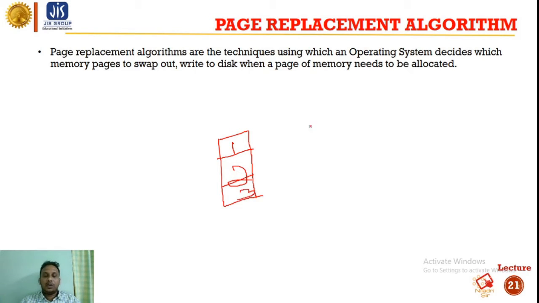All the spaces are occupied, and four is waiting. So where will four be placed? There must be a replacement among these three. Four can replace 1, four can replace 2, or four can replace 3.